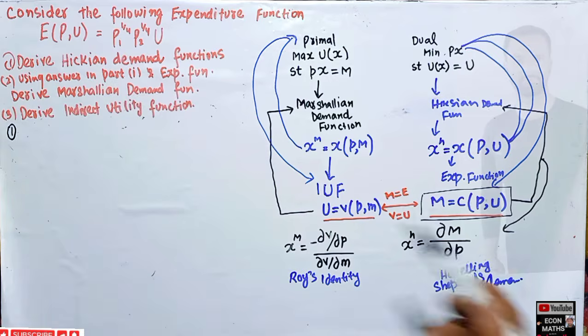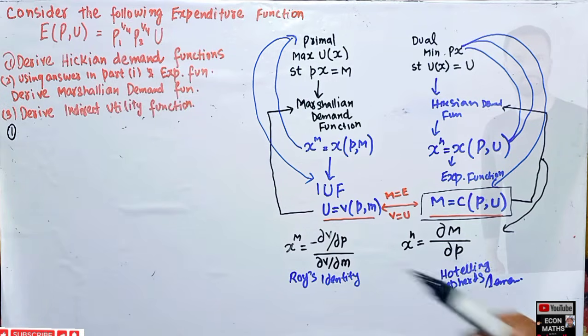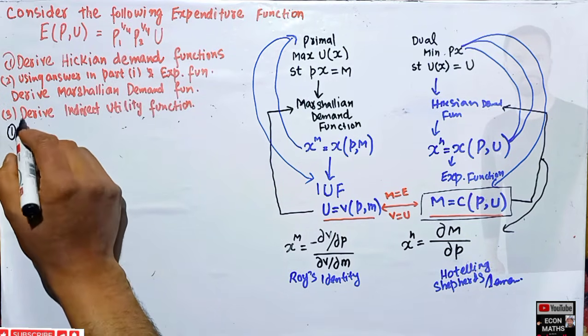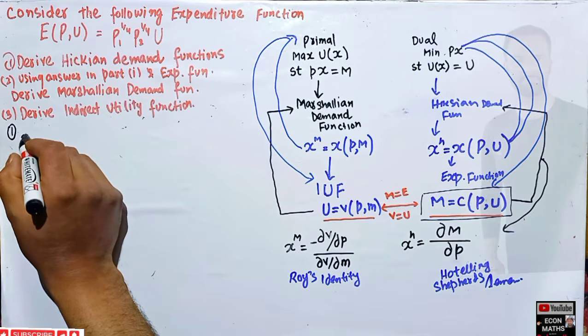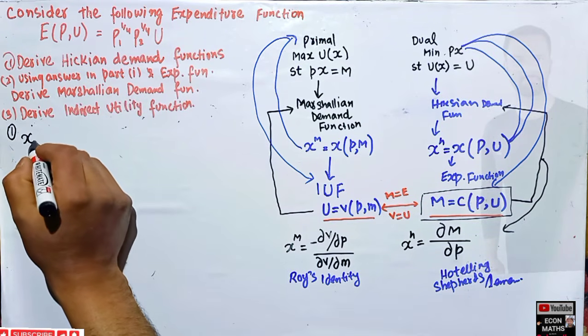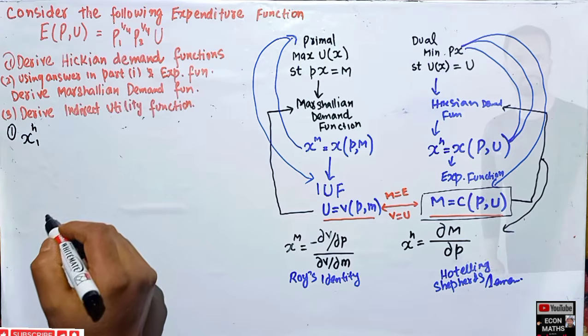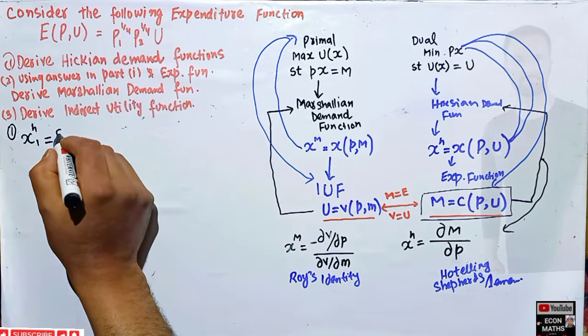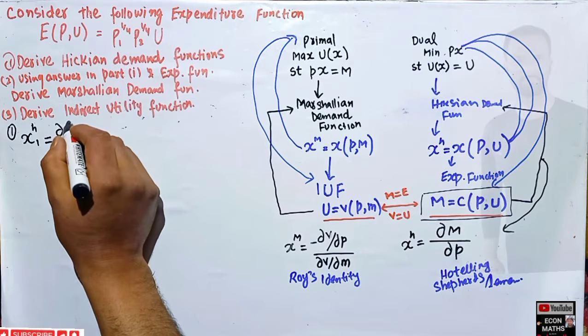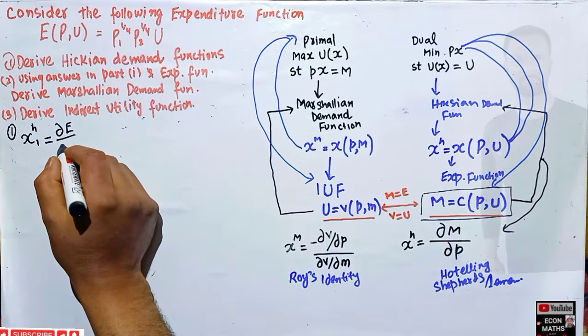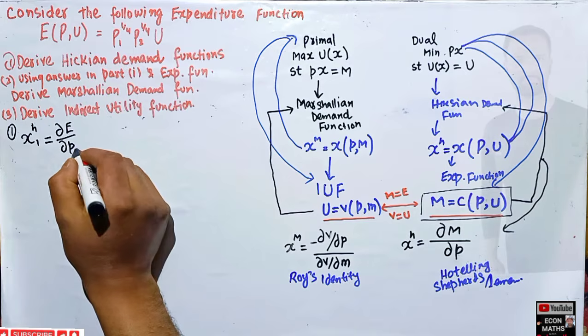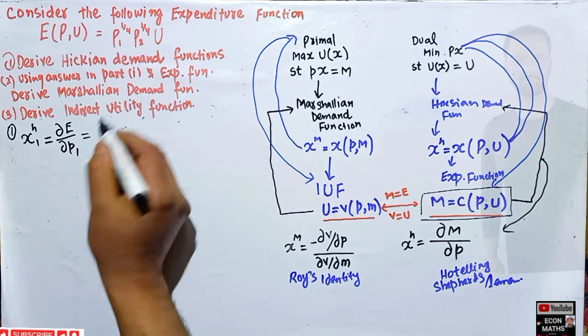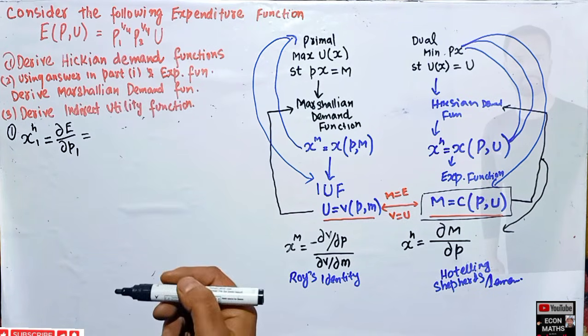We need to differentiate this expenditure function with respect to price. That means x1 superscript h, the Hicksian demand function for good x1, is equal to the derivative of this expenditure function with respect to p1.